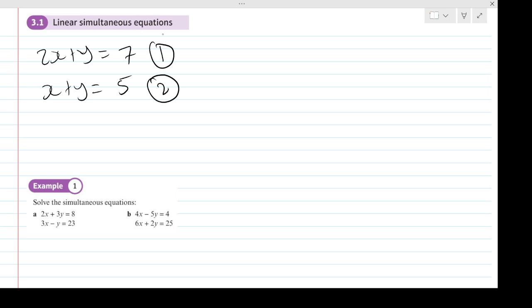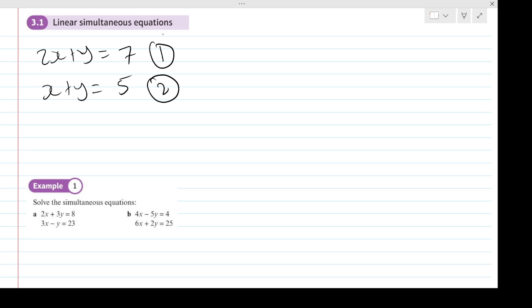So when we have multiple equations with variables, we could solve them to get the unique values x and y that satisfy both equation 1 and equation 2. And there are two methods to do that.